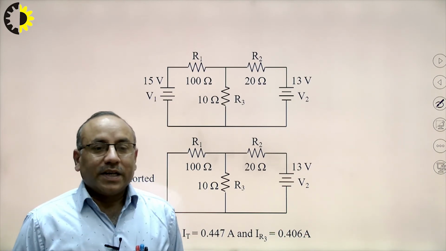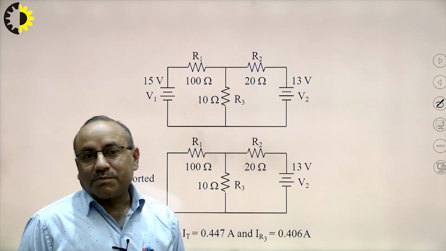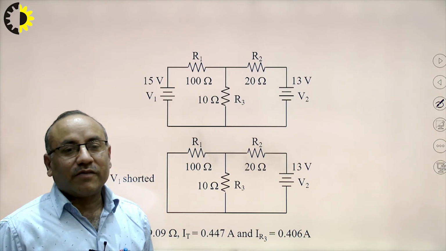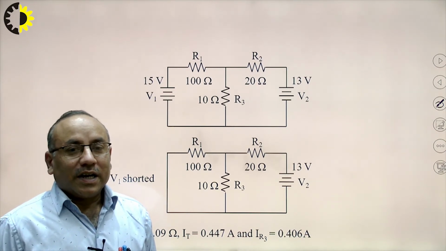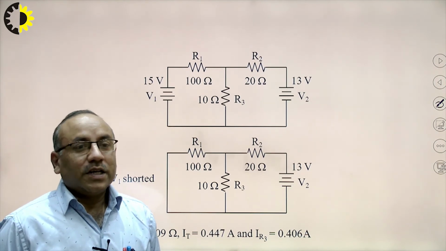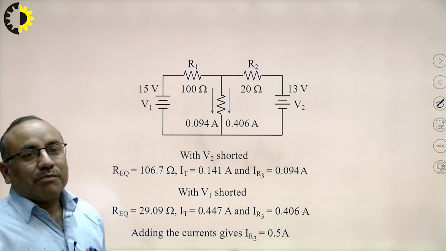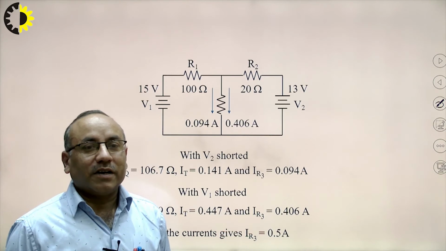Finally, the current in R3 using the superposition theorem will be the algebraic sum of these two currents, which we found using the two sources acting at different times, one source at a time only. These two currents, 0.094 ampere and 0.406 ampere, are both vertically downward.